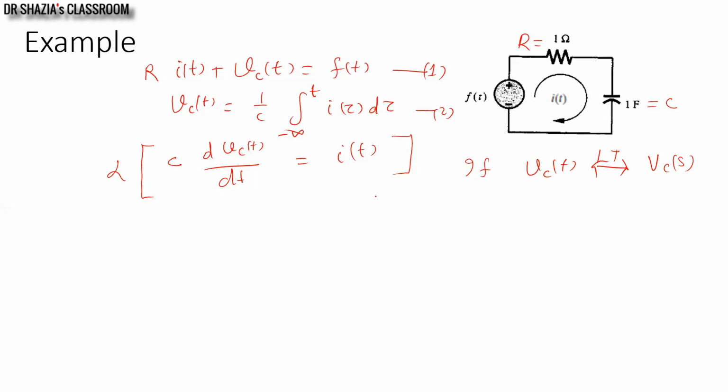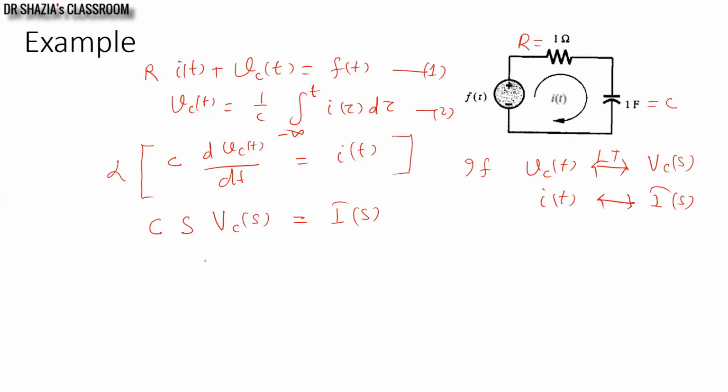So the Laplace transform of this entire equation will be C times s VC(s) equals I(s), where i(t) has a Laplace transform I(s).